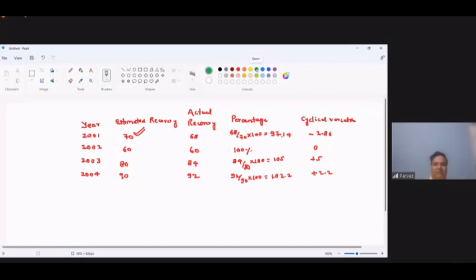Cyclical variation, they rarely ask. But you should know just the variation. Is it clear? So this much you have in time series.